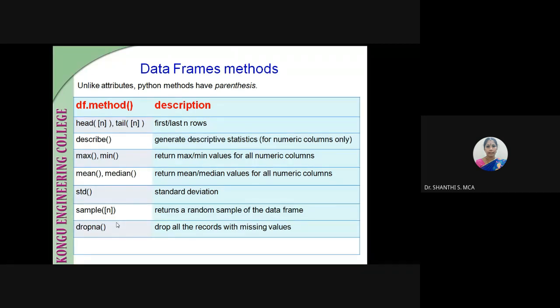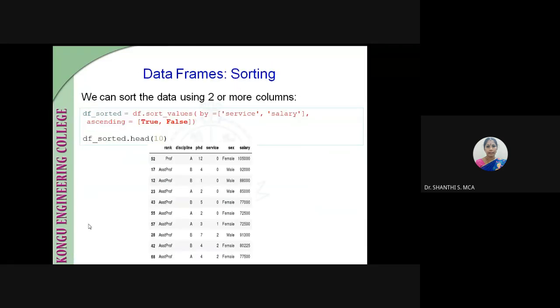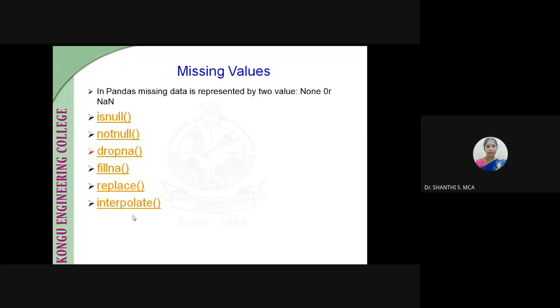In that case, if you want to remove the records which have a null value, the dropna function is used. This NA means a null value. So the drop method is used to delete the records which have a missing value. We will see some examples in the hands-on session.